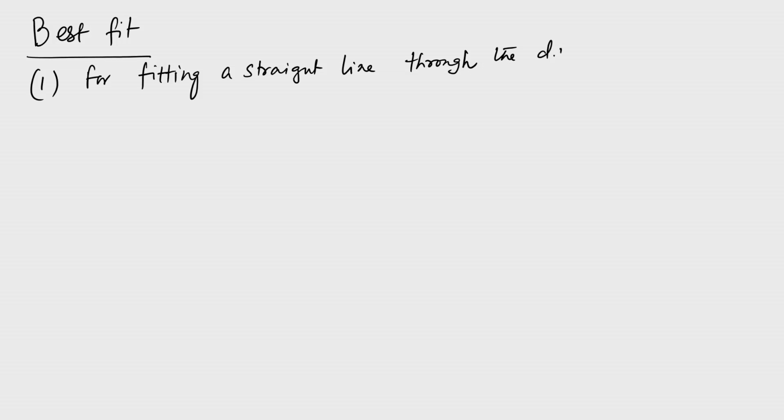So, one strategy, we will call it 1, for fitting a straight line through the data would be to minimize the error, or basically the sum of the error, which is called the sum of the residual errors.